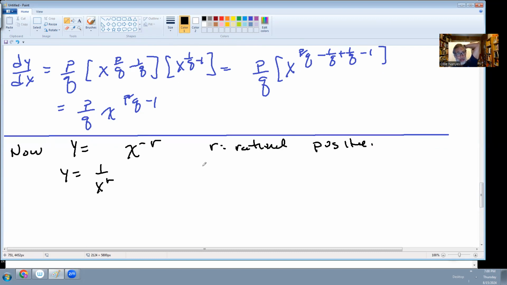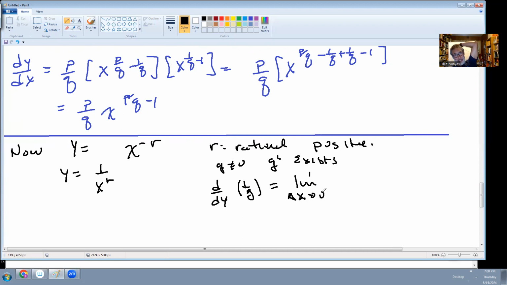So the reciprocal rule: let's say g is not 0, g prime exists, and you wish to differentiate 1 over g. Well, that's going to be the limit as the change in x goes to 0 of 1 over g of x plus change in x, minus 1 over g of x, all divided by change in x.